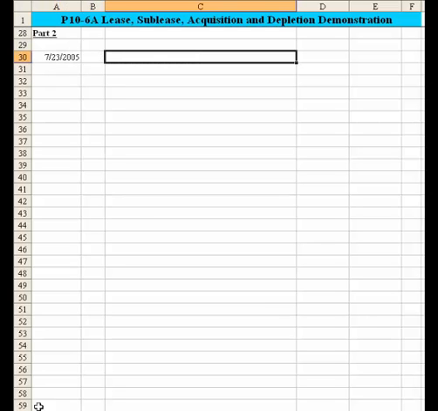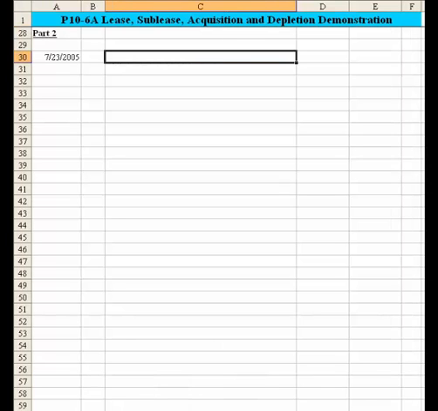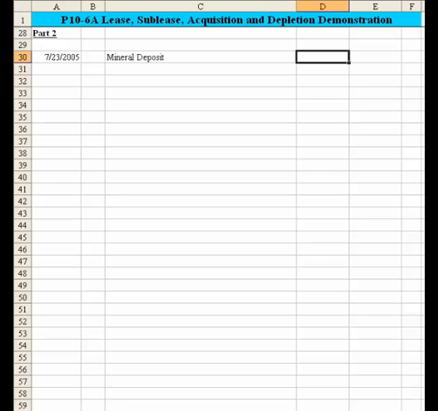On July 23rd we need to record the purchase of the mineral deposit. And the mineral deposit was $4,836,000. So let's record an asset called mineral deposit for 4,836, and this problem is somewhat simplified.